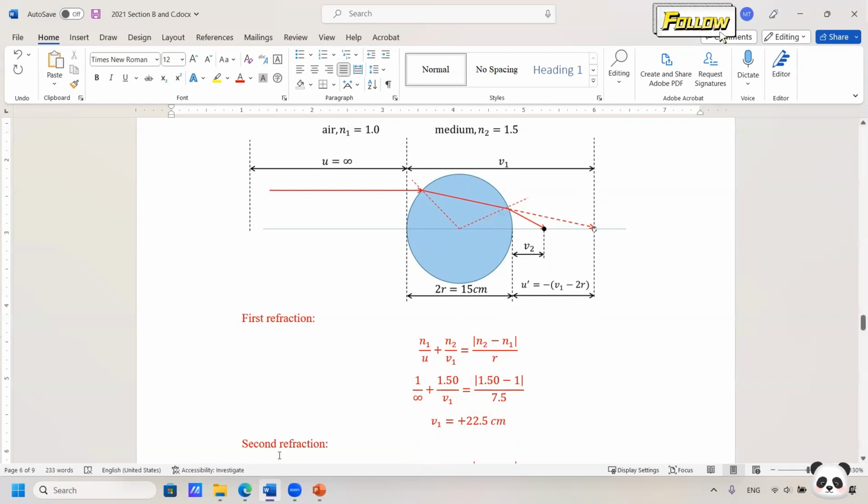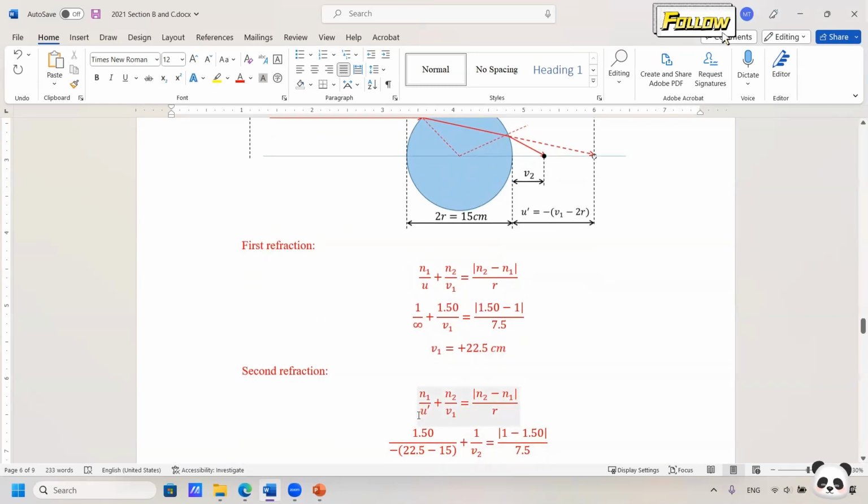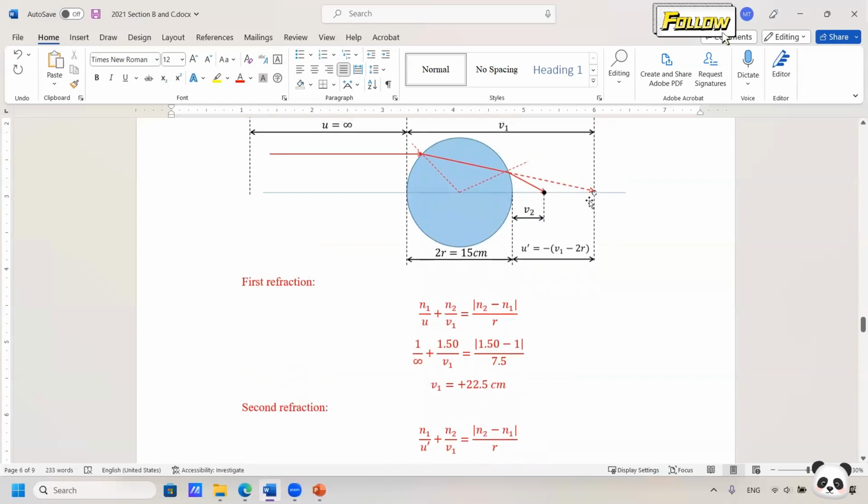When we talk about the second refraction, we need to revise the object distance, which we get from the first image distance. So the object distance will be equal to negative of V1 minus 2R. The negative is because the first image becomes the virtual object for the second refraction.